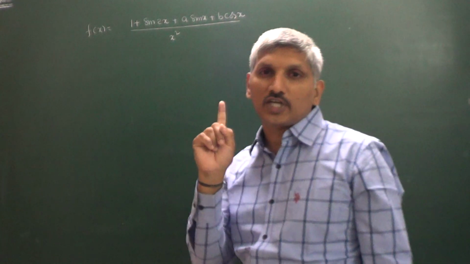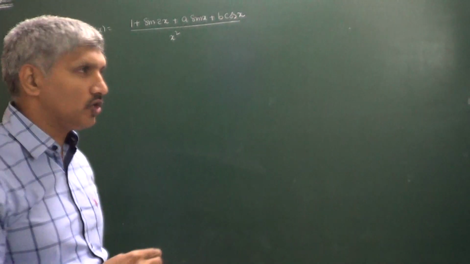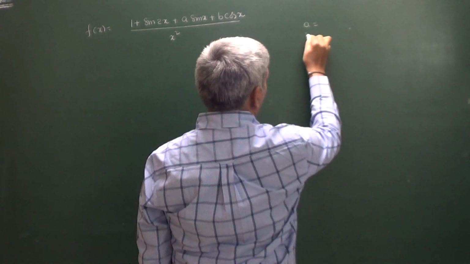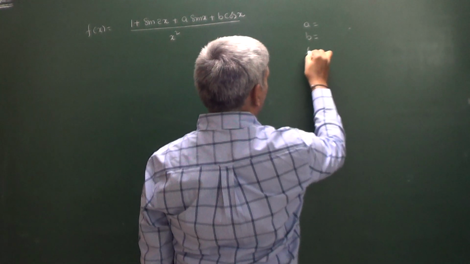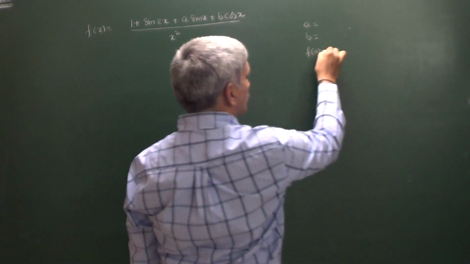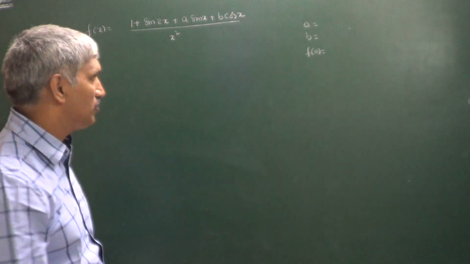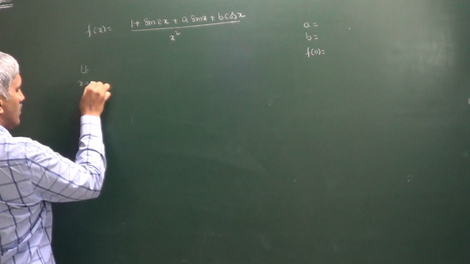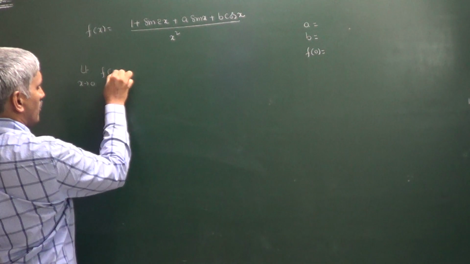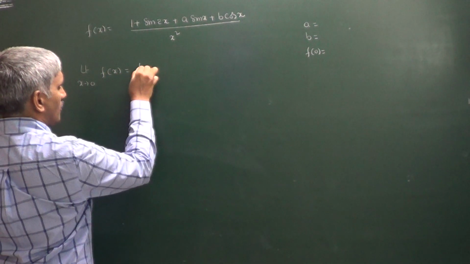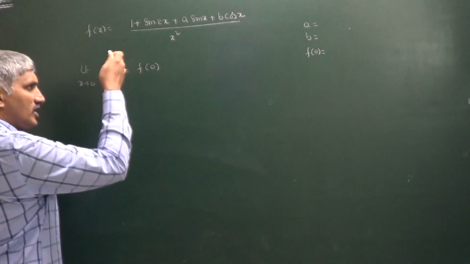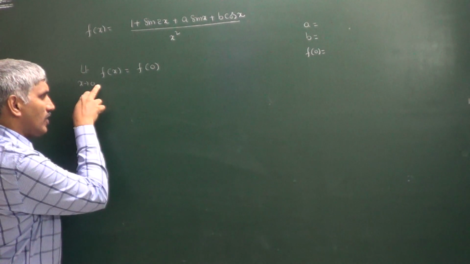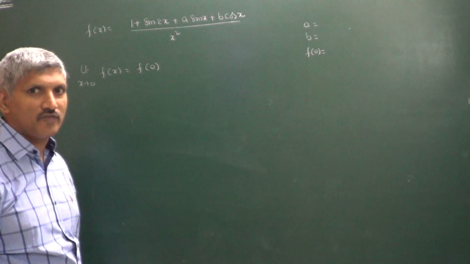If the function is continuous at x equals 0, then he is asking what is the value of a, what is the value of b, and what is the value of f of 0, functional value at 0. Function is continuous at x equals 0 means limit x tends to 0, f of x equals f of 0. That information is given, they are equal. That means if you find out the limit value, that is nothing but f of 0 value.